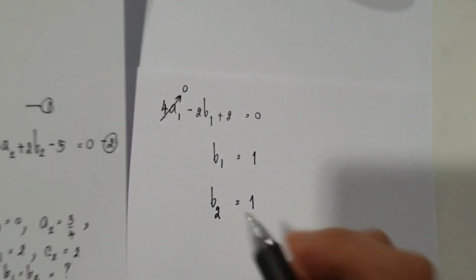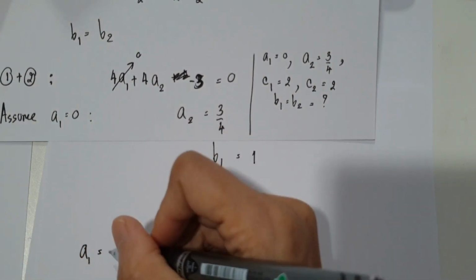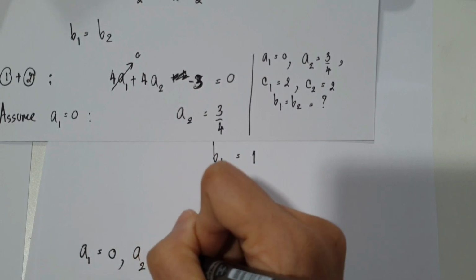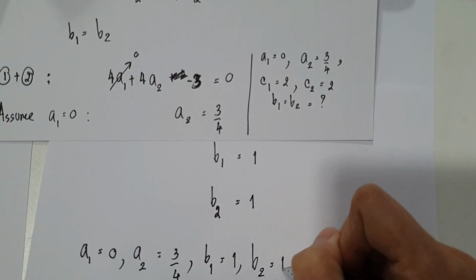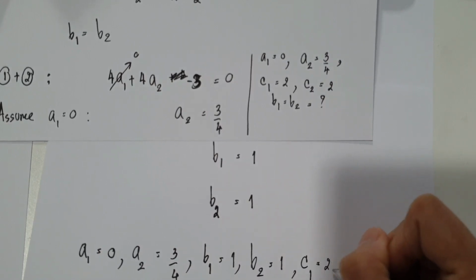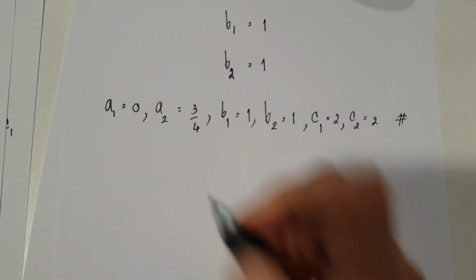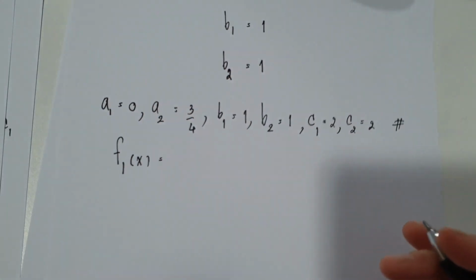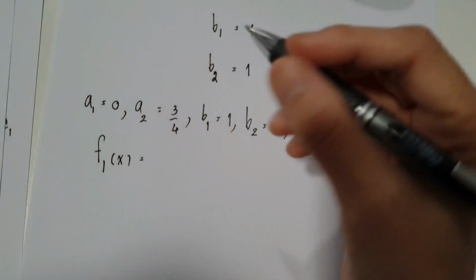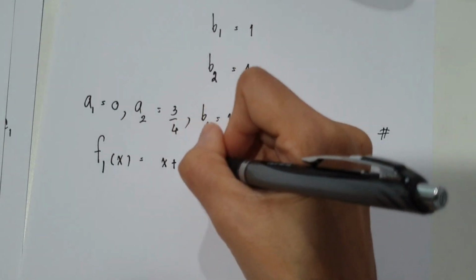So in summary, for this example, a1 equals 0, a2 equals 3 over 4, b1 equals 1, b2 equals 1, c1 equals 2, and c2 equals 2. That's all, right? So the function that you get is f1(x), represented as a linear function: x plus 2.